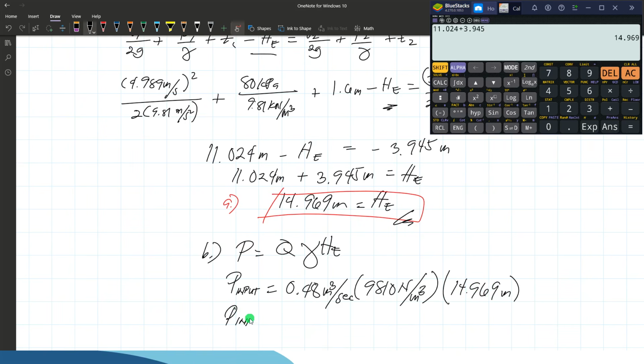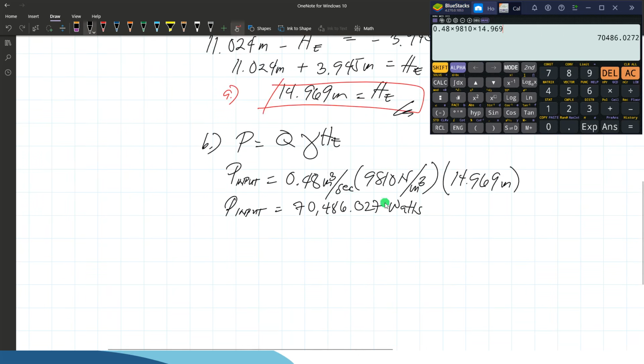So the power input is equal to 70,486.027 watts.